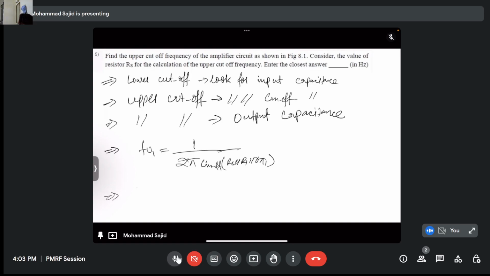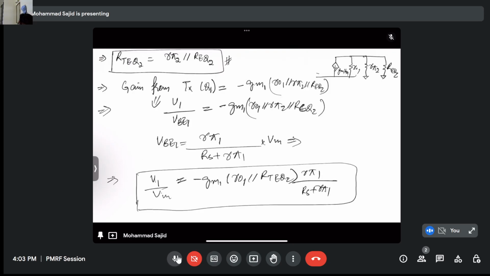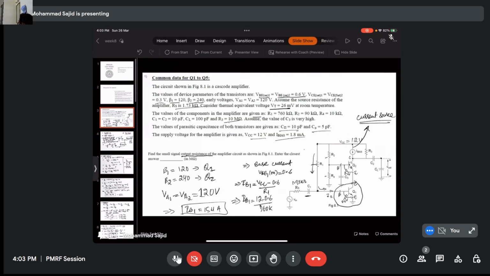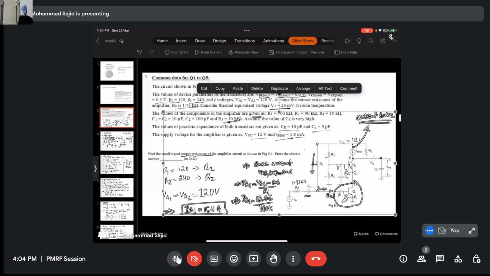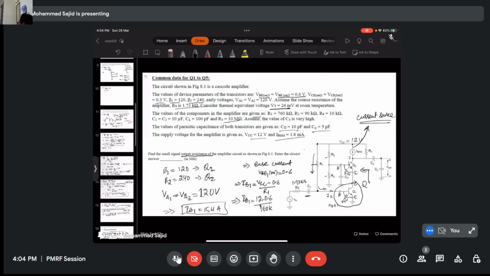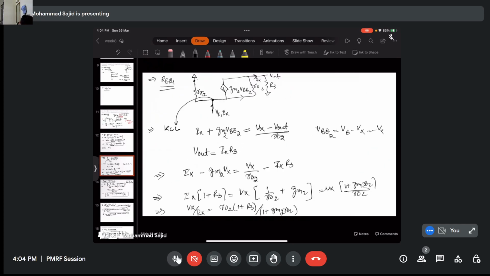Similarly, output will be given by this output capacitance and total R out, which I guess we have in our hand.